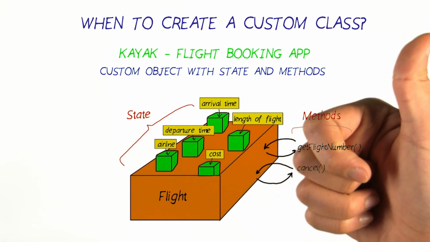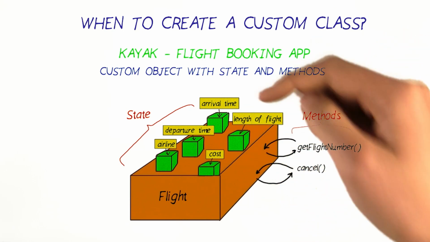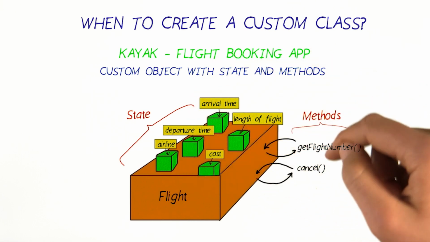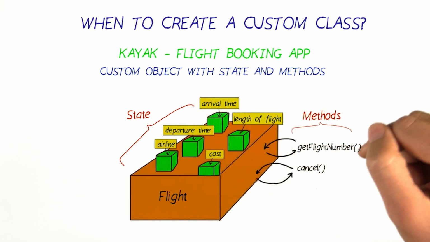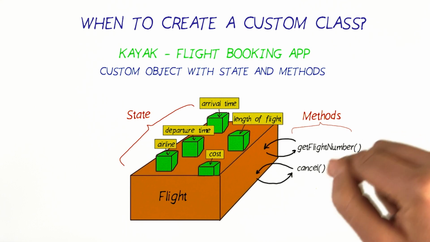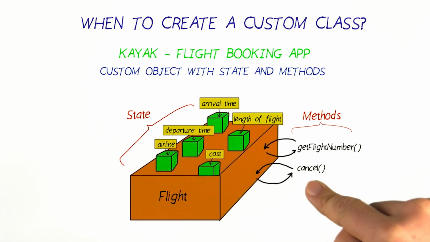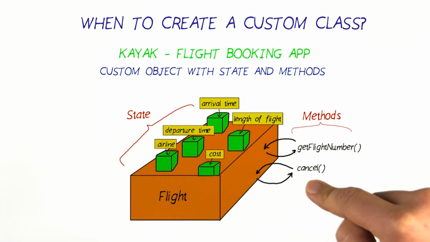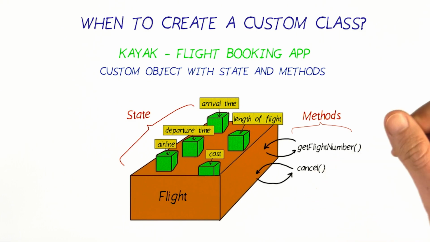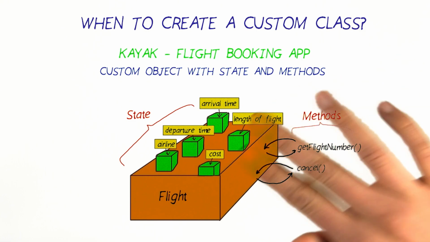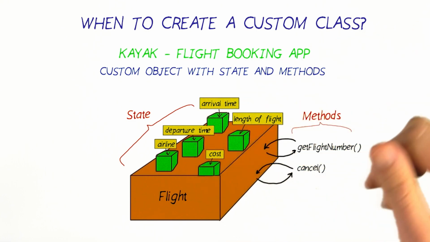But outside callers don't need to worry about the internal details of how these methods actually work. The caller just knows the contract, that they can expect the flight to be canceled when the method is called. They could care less about how it's actually accomplished under the hood. This concept is called abstracting away the details of what goes inside the class.